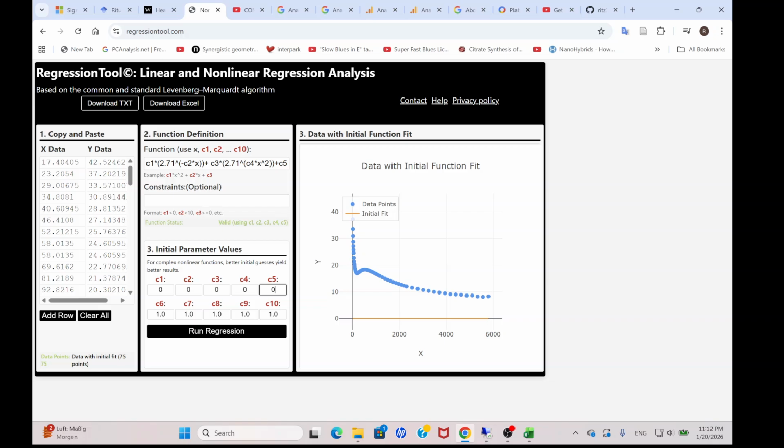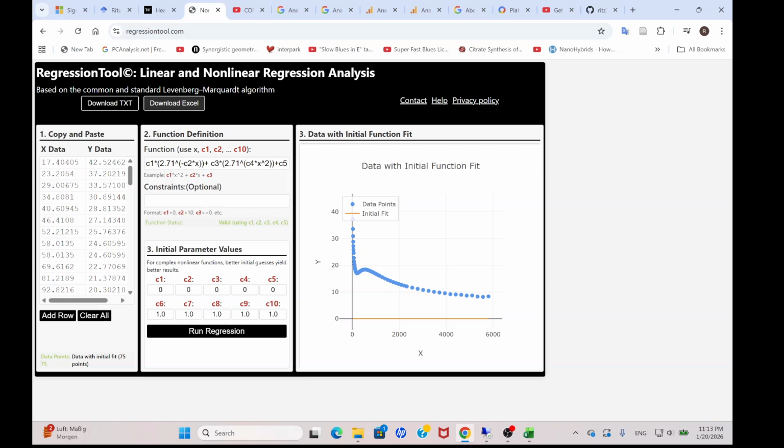Okay, so all the initial parameters are zero now, and we need to first start with something. It's very important in nonlinear regression, especially with the standard LM algorithm, to have some decent guesses, because otherwise it will not give nice parameter values. It will not converge.